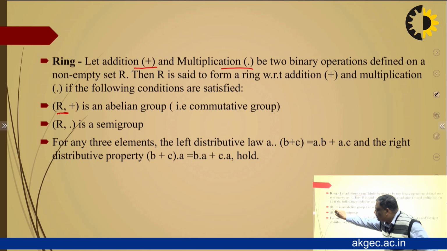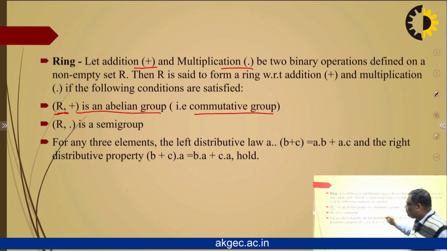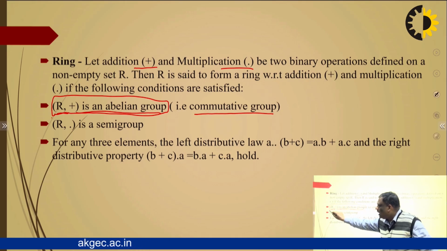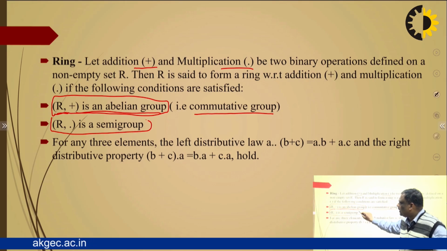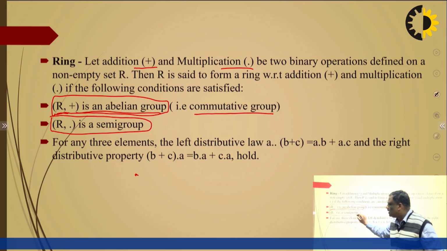R is a non-empty set, and (R, +) is said to be an abelian group, that is commutative. That means R is an abelian group. This is the first property. (R, ·), that means with respect to multiplication, is a semigroup.